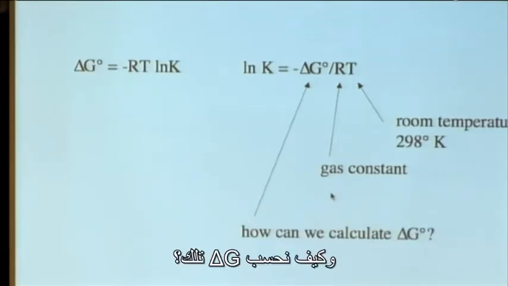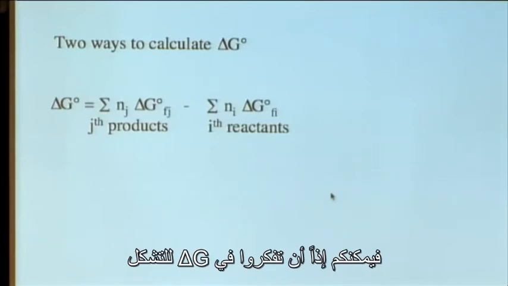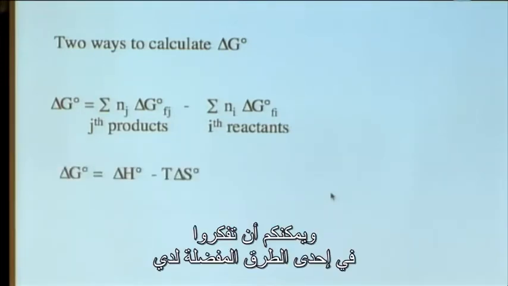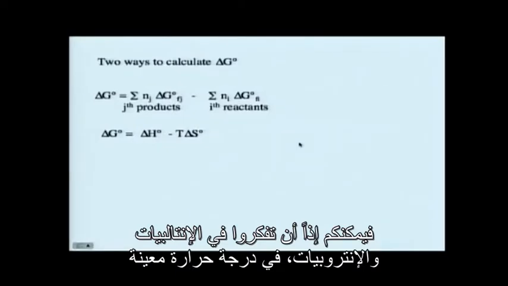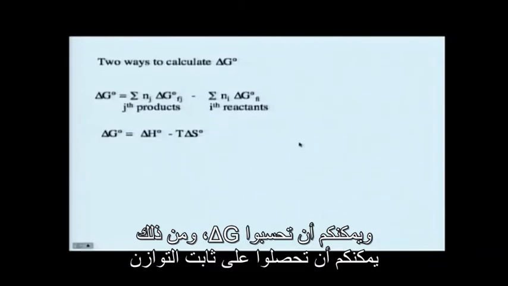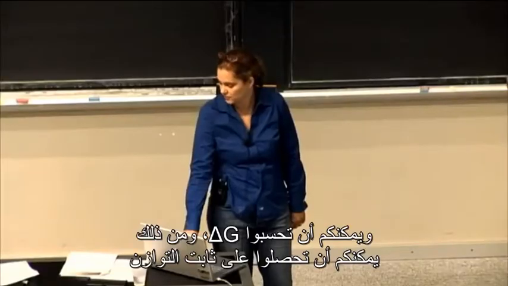And how do we calculate that delta G? Well, there are a couple ways. You can think about the delta Gs of formation. And we can think about one of my personal favorites, which is a relationship between delta H and T delta S. So you can think about your enthalpies and your entropies at a certain temperature, and you can calculate delta G, and from that you can get the equilibrium constant.